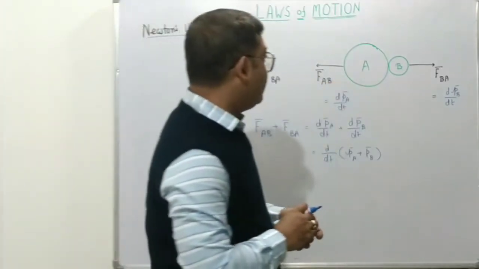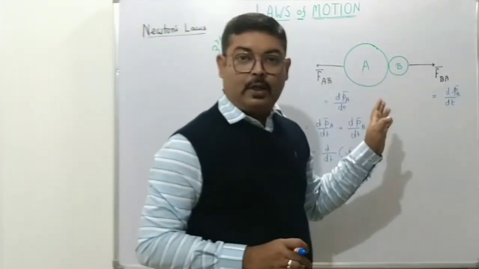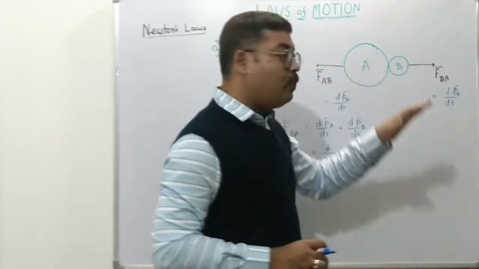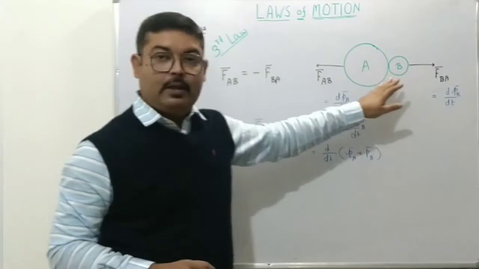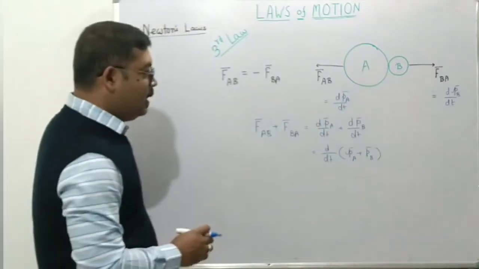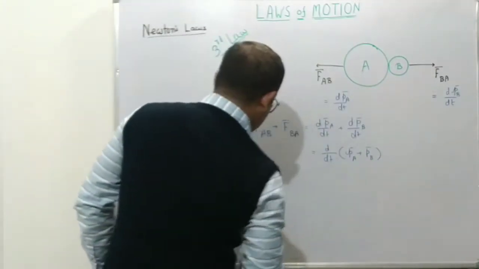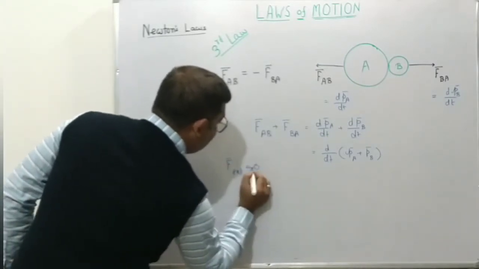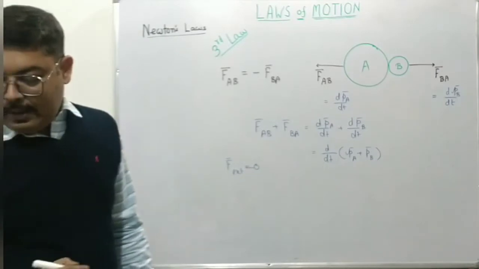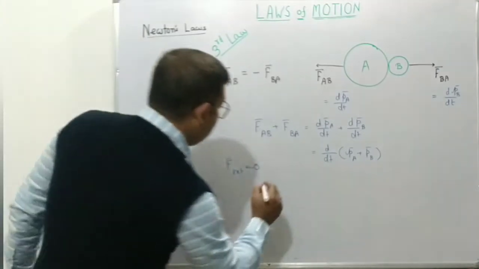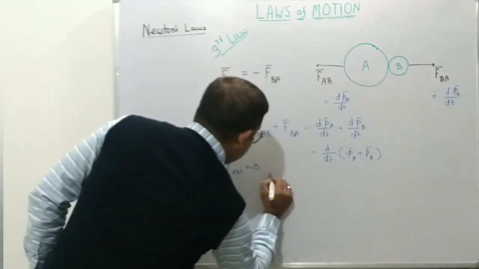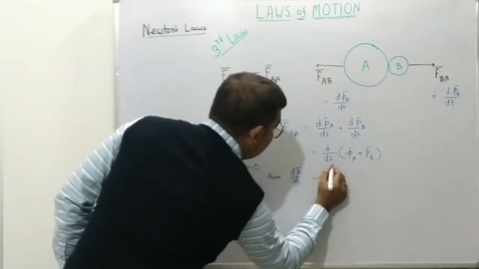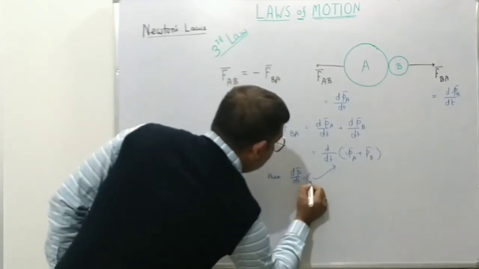However, in this case you have noticed that these two forces, contact forces, are forces exerted by one on the other. There is no external force being added to it. No external force means, by second law, if F external becomes equal to 0, then the change of momentum as given by this must be equal to 0.